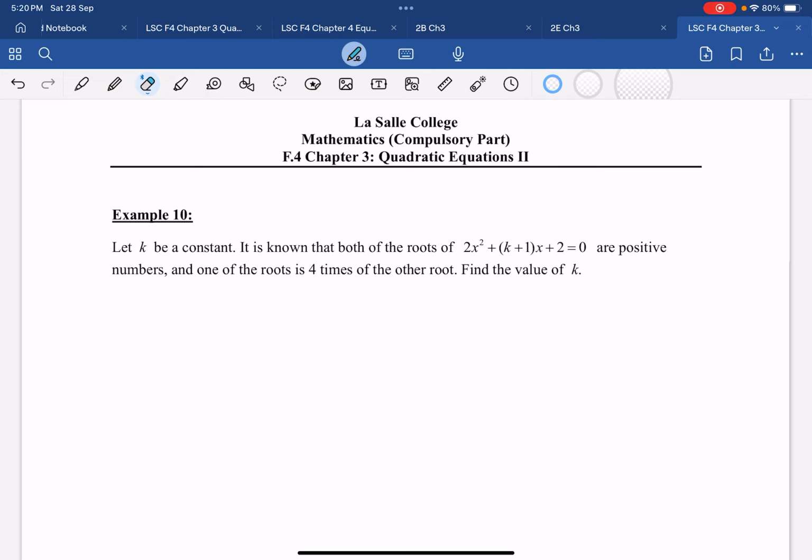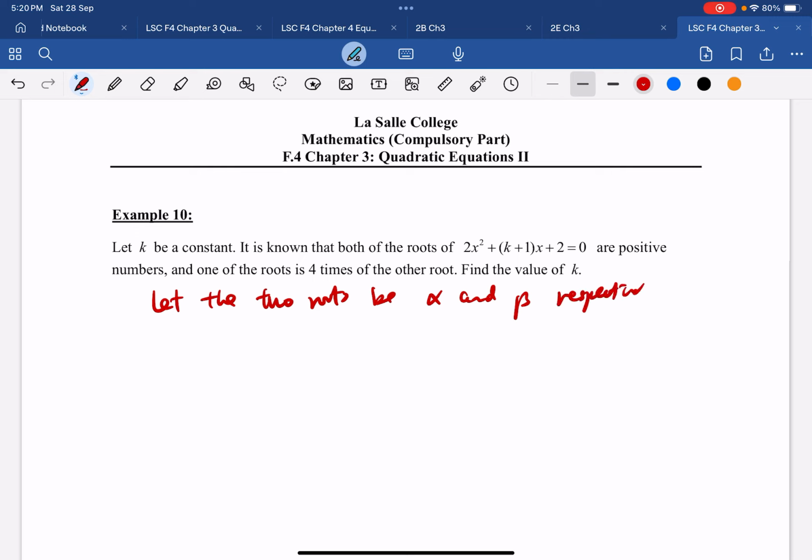So let k be a constant. Both of the roots for this equation are positive numbers, and one of the roots is 4 times the other root. So first step you need to write: let the two roots be alpha and beta respectively.